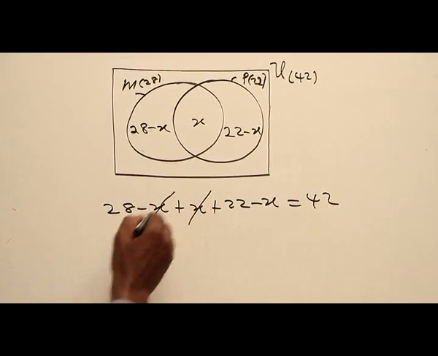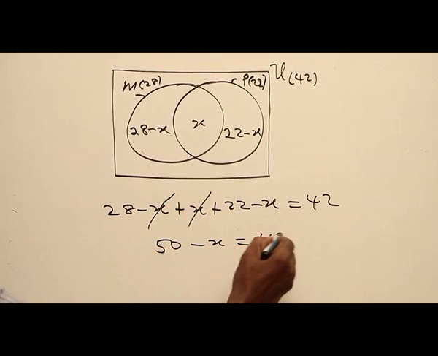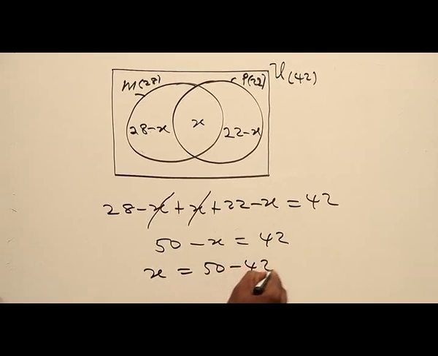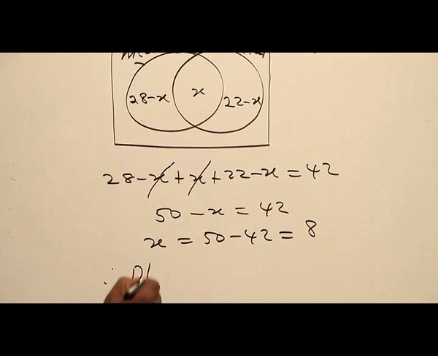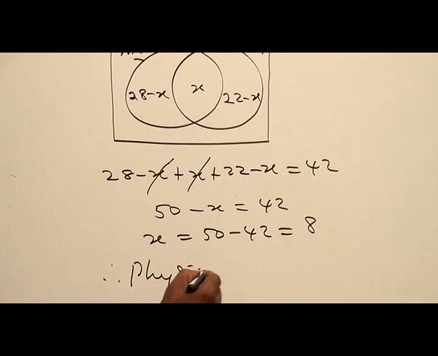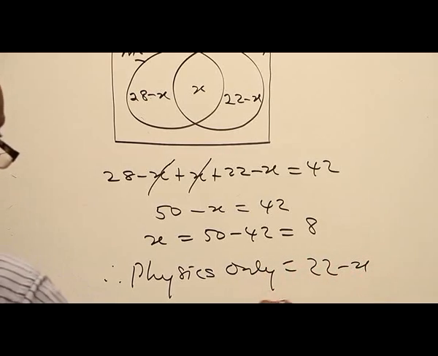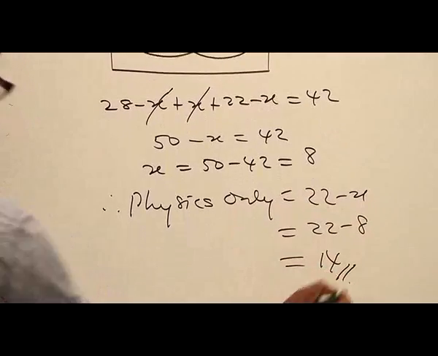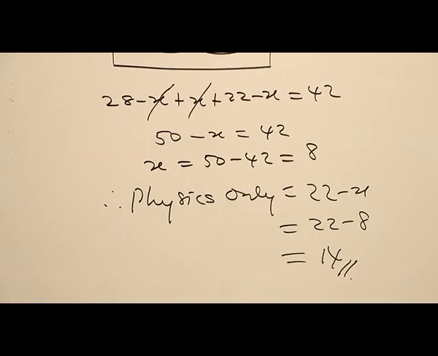Minus S plus S will go, and we have now 50 minus S is equal to 42. And so our S is equal to 50 minus 42, and that is equal to 8. So therefore, your physics only is the portion with 22 minus S, and that's equal to 22 minus 8, and the result is equal to 14. So you can also use the Venn diagram to solve that same problem.